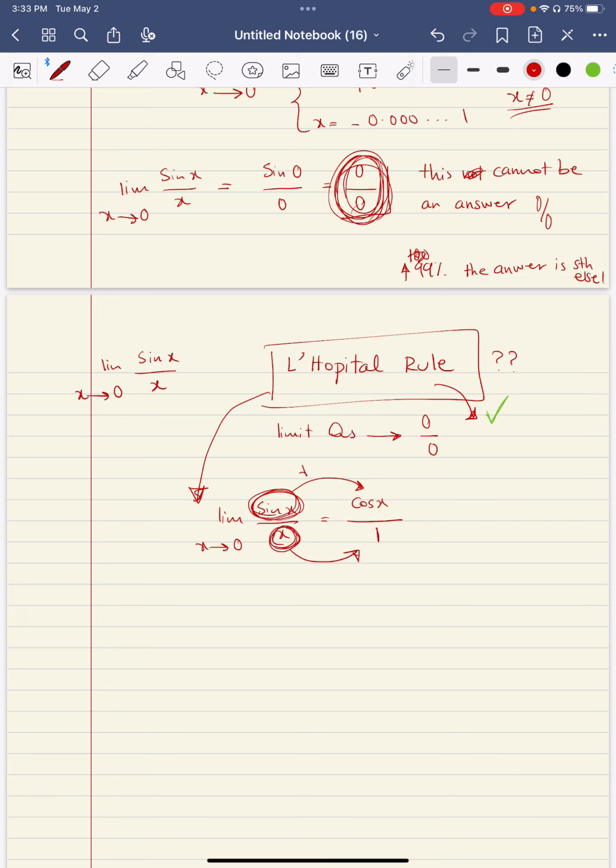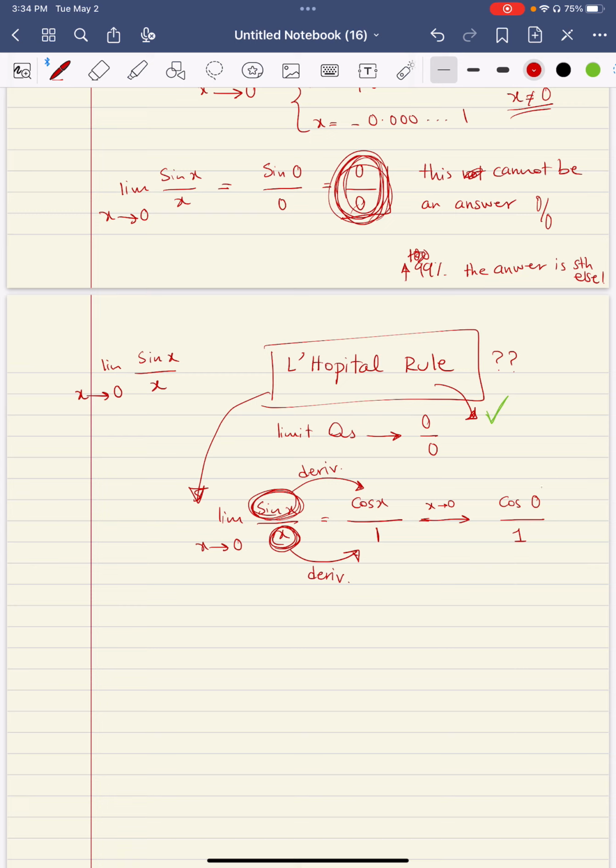So after finding the derivative of the numerator and the denominator, so you have to find the derivative of numerator and the denominator whenever you get to 0 over 0. That's L'Hopital's rule. Then you can once again apply x to 0 and see if you're getting to any answers.